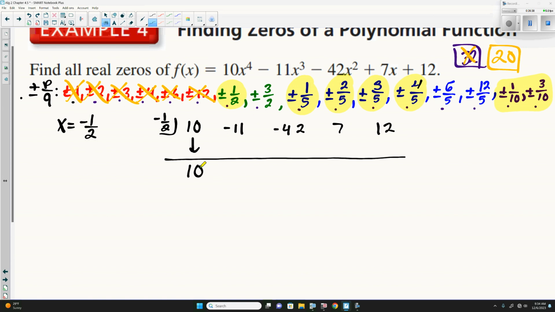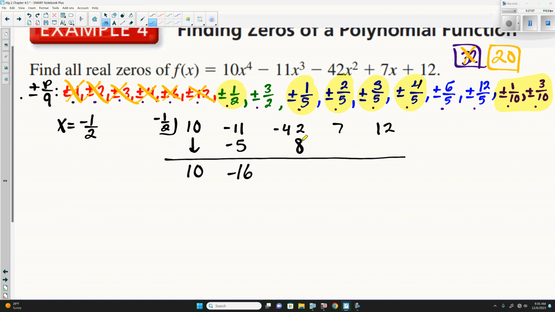Now we're going to do synthetic division. But out of the 4 solutions, the most that we need to find with the graphing calculator or the rational zeros is 2. We need to find at least 2. With our first one, we do this here. Negative 1/2 times 10 is negative 5. Negative 11 plus negative 5 is negative 16. Negative 1/2 times negative 16 is 8.